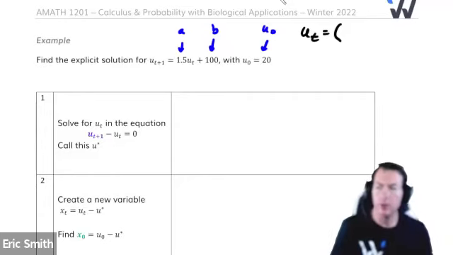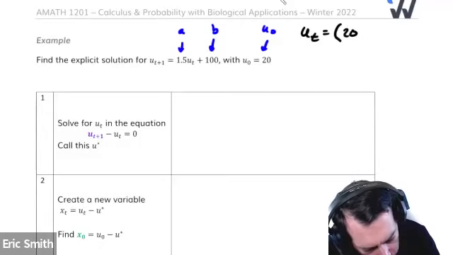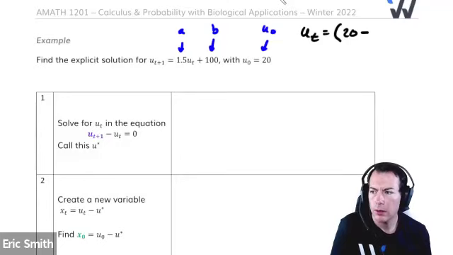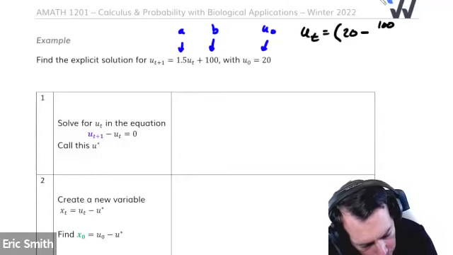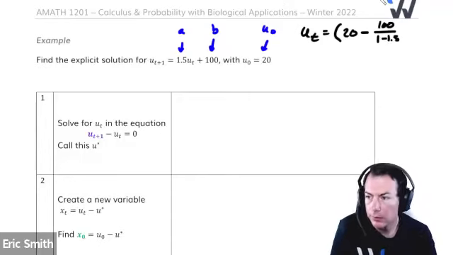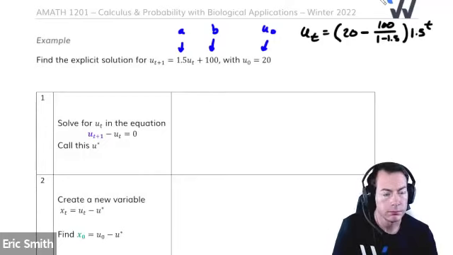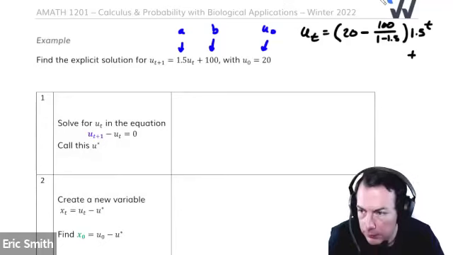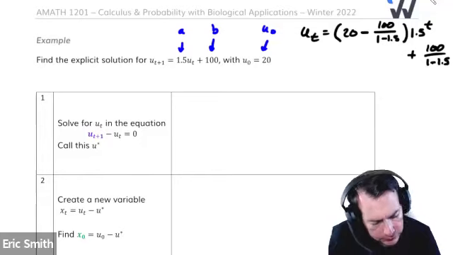So I'd start off with the u sub 0 minus, so that'd be 20 minus. Then I'd want to take my B value, so that's 100, divided by 1 minus A, so 1.5. Then I'd take A, 1.5 to the power of t, plus 100 all over 1 minus 1.5.